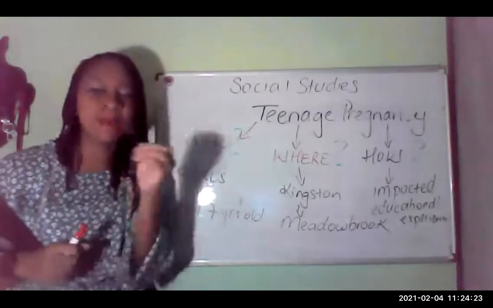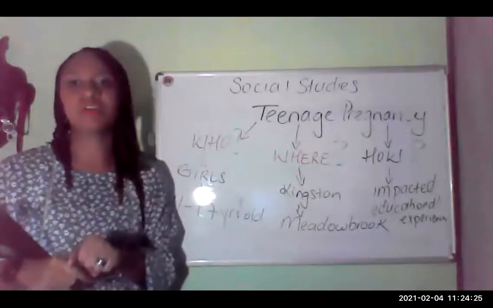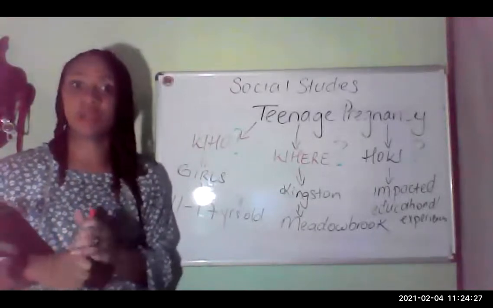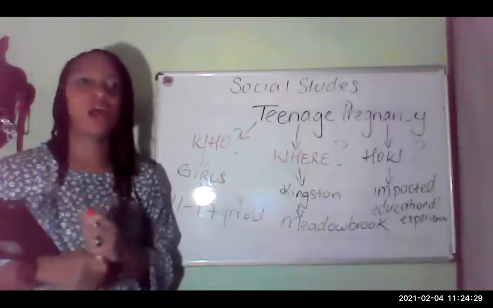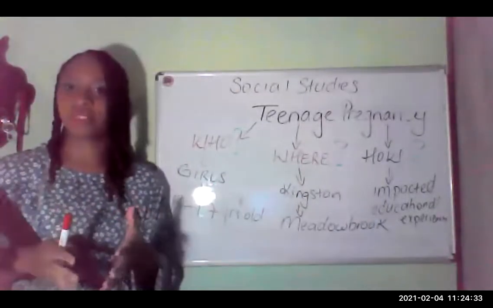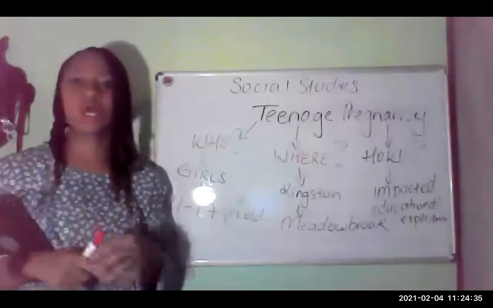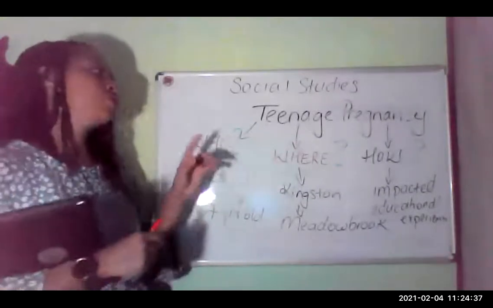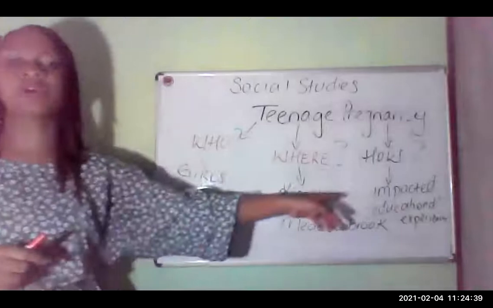That's the minimum amount that you could even think of distributing, right? So we're not focusing on the whole country. We're focusing on our communities. We're focusing on our schools. So to narrow down the topic, you ask who, where, and how.